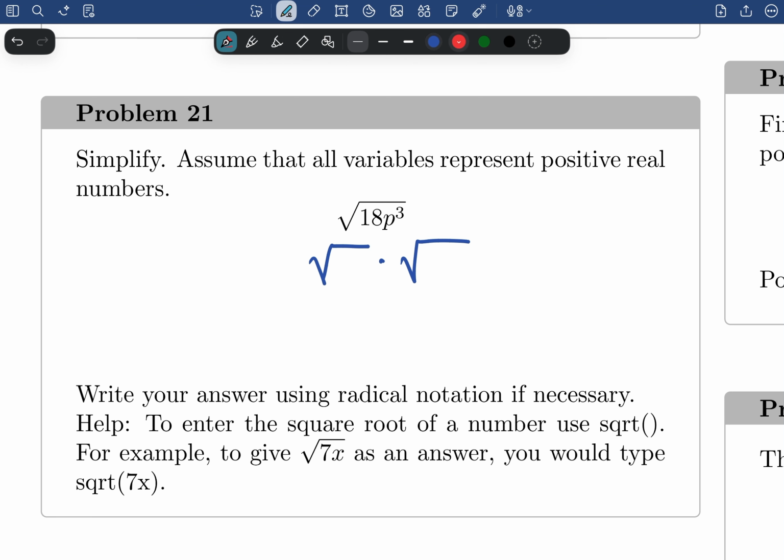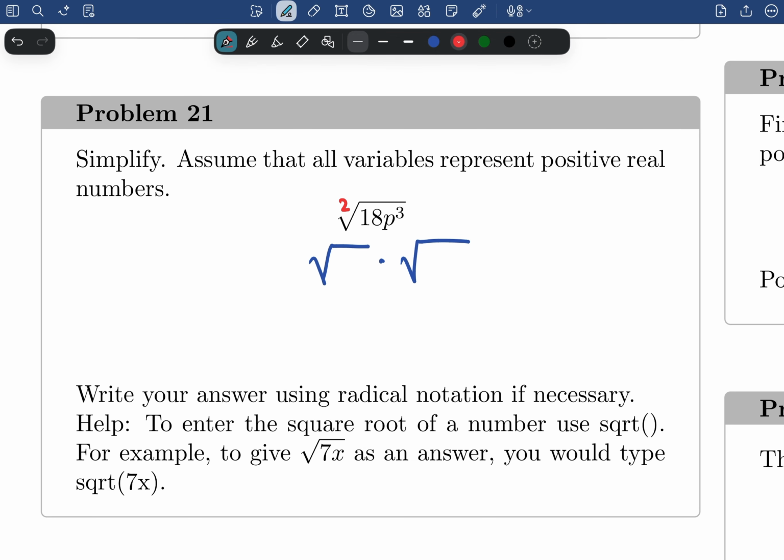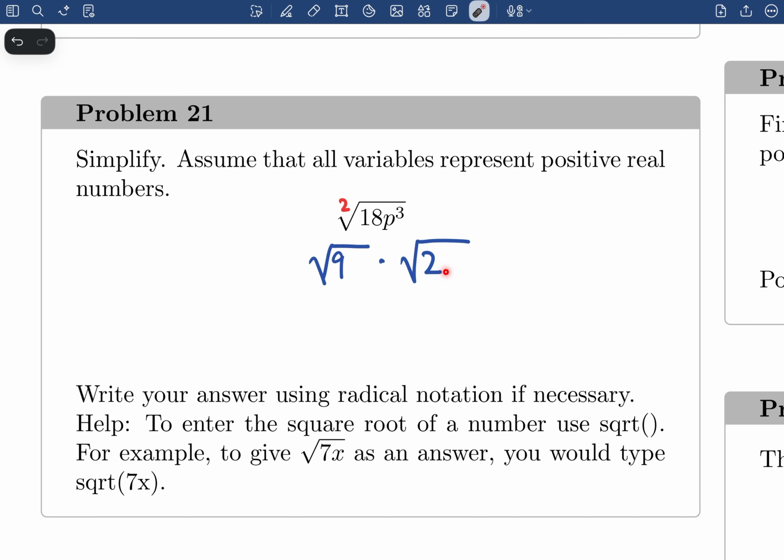In this case, the index is 2, the index of this radical. And so 18 is a multiple of a perfect square. And that perfect square is 9. 9 is a perfect square, okay? And it goes here. And then the leftovers, that's 2, because 9 times 2 is 18. 9 is the perfect square. It goes in the first radical. The leftover is 2. It goes in the second radical.